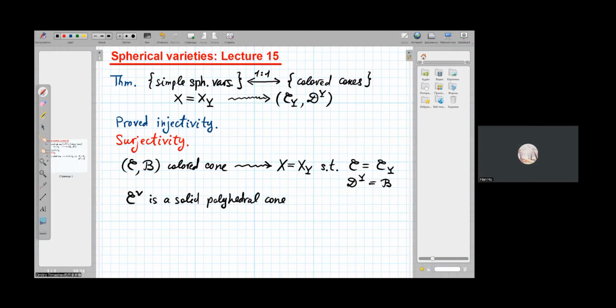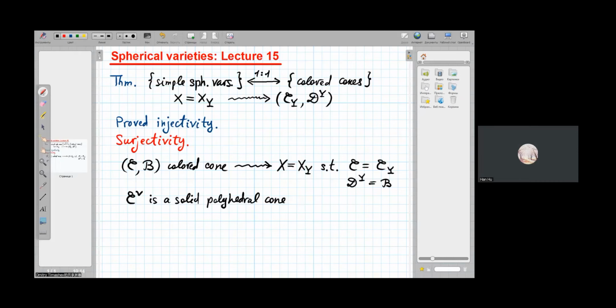So the cones dual to pointed cones are solid cones and vice versa. This is an elementary exercise in convex geometry. And also, since C is polyhedral, that is generated by finitely many vectors, the dual cone is also polyhedral. It is again from convex geometry.